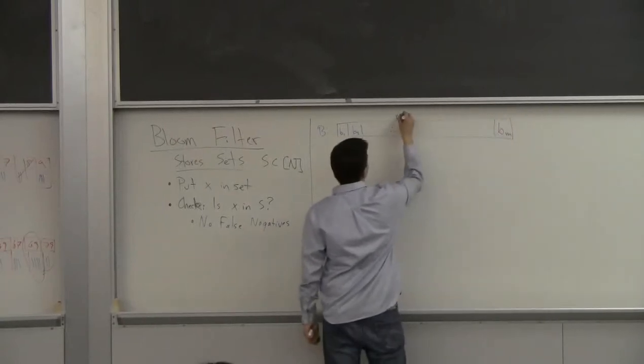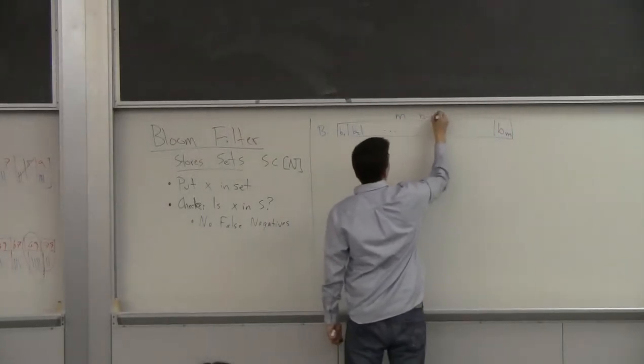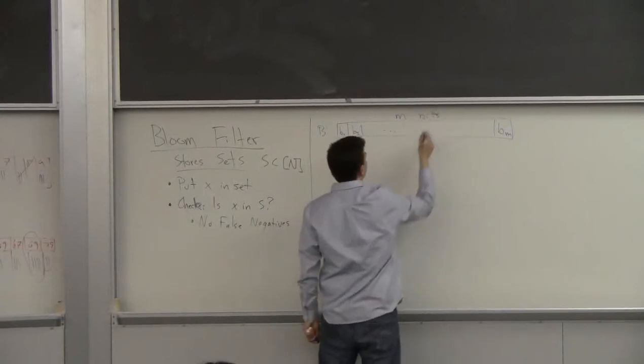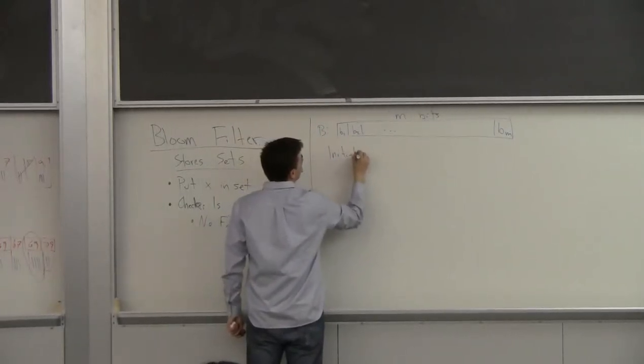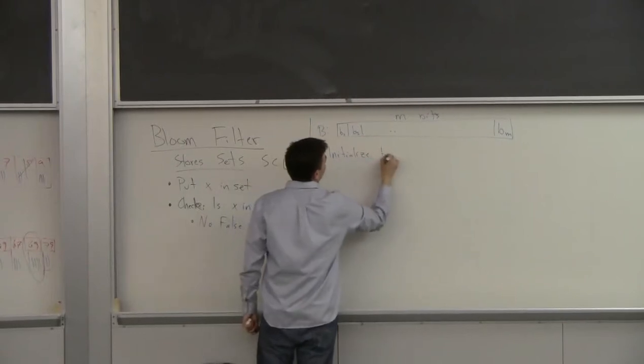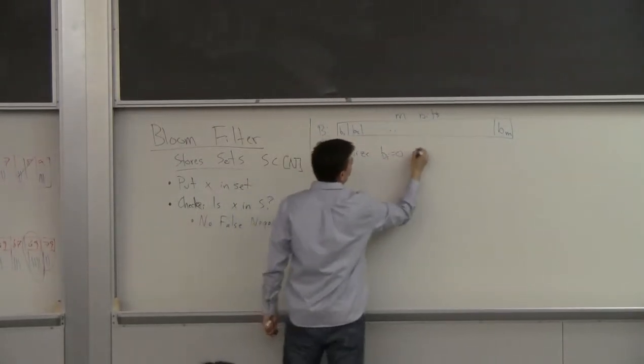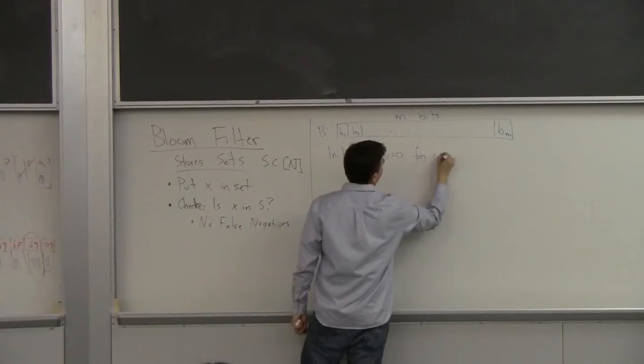So this is m bits, and you initialize Bi equals 0 for all i.